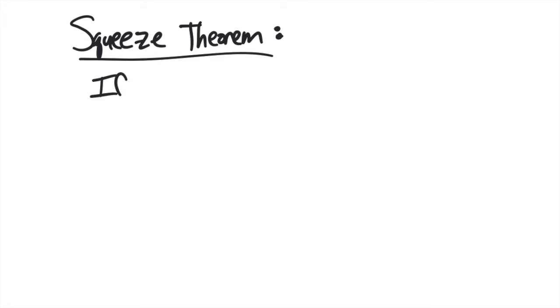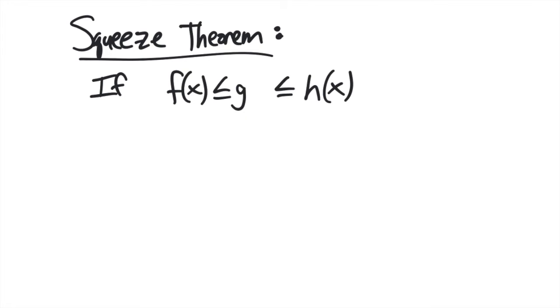It says, if, now we don't have just two functions like f and g, this time we're going to talk about three functions. Let's say we have a function f of x, and there's a function h of x that is always bigger, and we're going to have a third function g of x that's always in between them. Again, I want to think about a graph here.